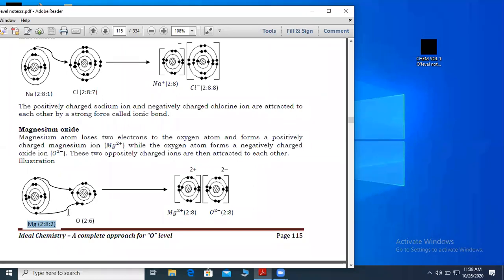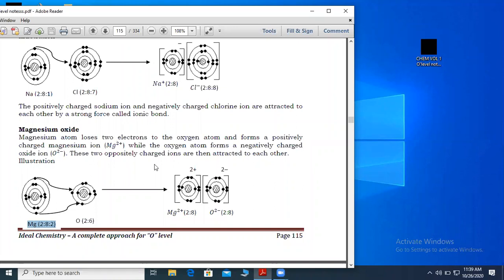So when magnesium loses these 2 electrons in the outermost shell, the electrons will be gained by oxygen, which has 2 electrons that are not paired. So you realize oxygen needs 2 electrons such that it gets 8 in the outermost shell. And magnesium needs to lose them such that the other outermost shell is off and it remains with 8.